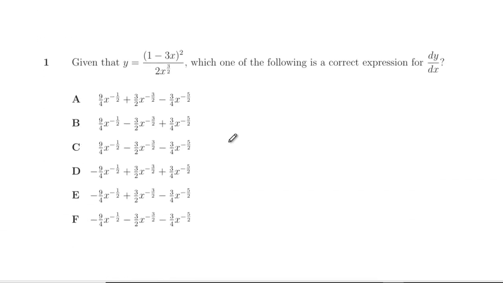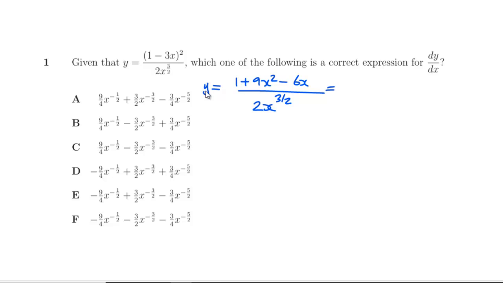Question 1, given that y is that, which one of the following is a correct expression for dy/dx? Okay, right, fairly standard opener then. So I'm going to want to expand this out and then split it into 3 terms. So 1 plus 9x squared minus 6x over 2x to the 3 over 2.